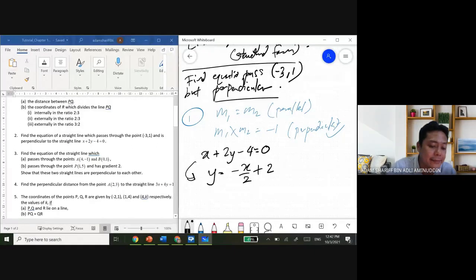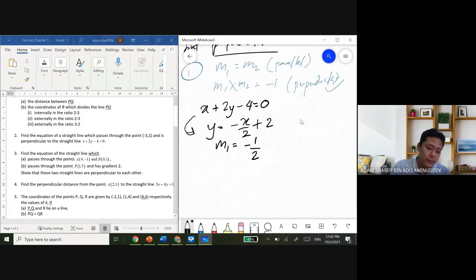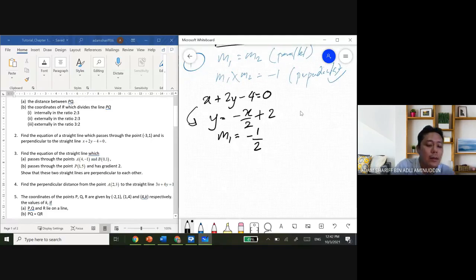Tapi apa gradient dia? Gradient dia ialah -1 per 2. Jadi M2 berapa? Kita ambil lah -1 per 2 kali M2 sama dengan -1, kita dapatlah M2 kita sama dengan 2.